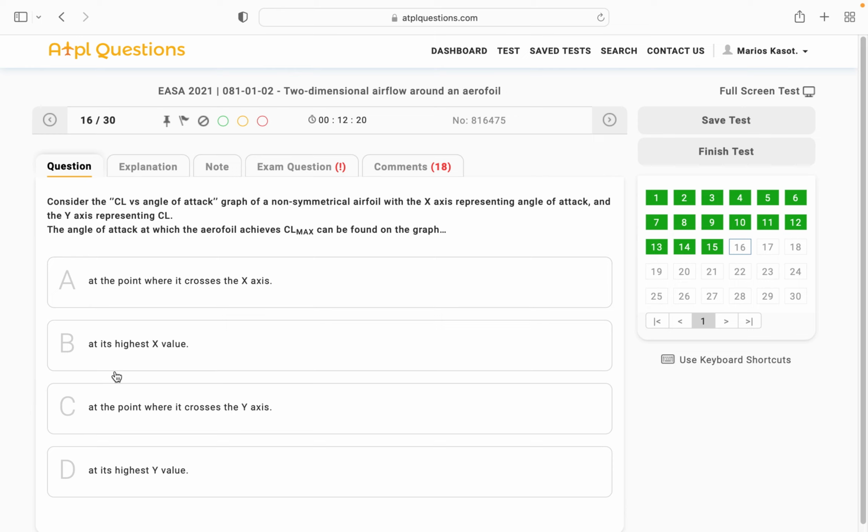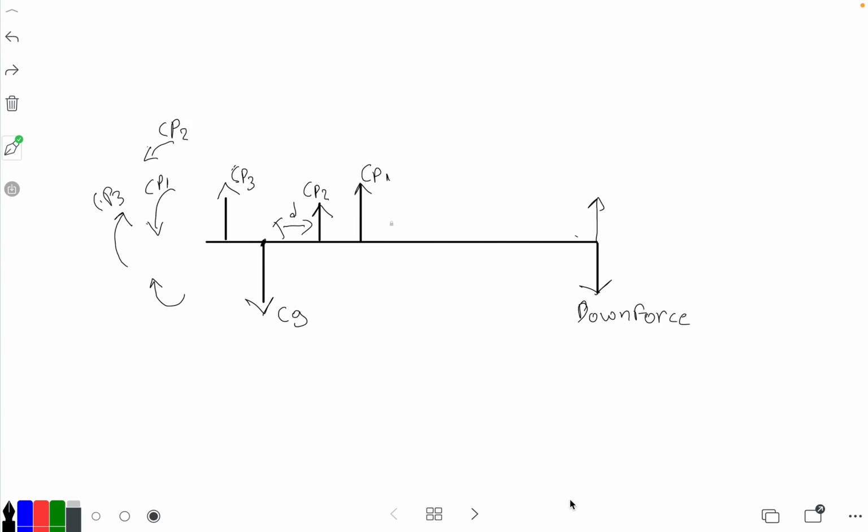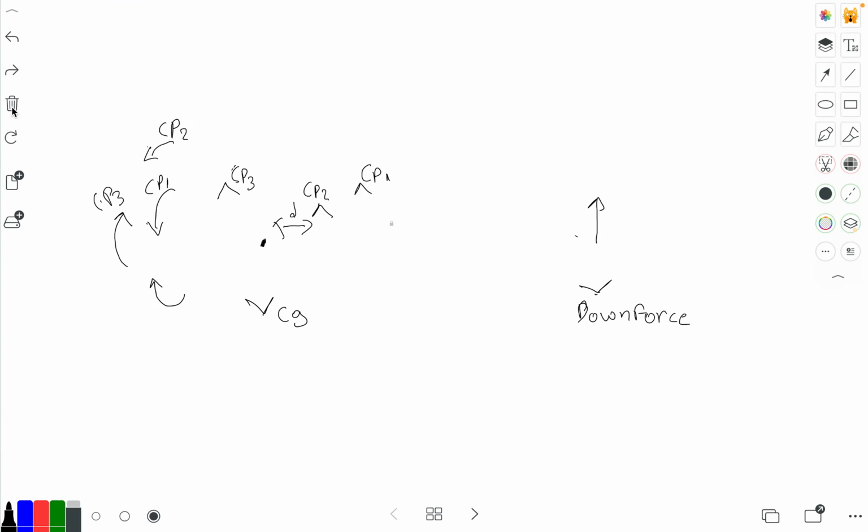Consider the coefficient of lift versus angle of attack graph of a non-symmetrical airfoil, with the x-axis representing angle of attack and the y-axis representing coefficient of lift. The angle of attack at which the airfoil achieves coefficient of lift max can be found on the graph. Very easy, pretty straightforward.